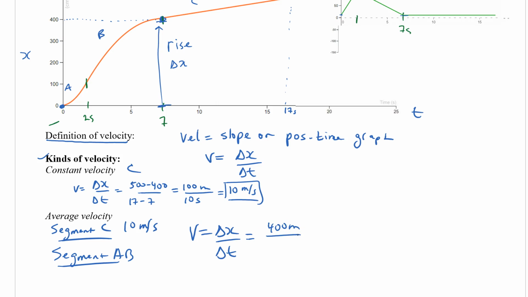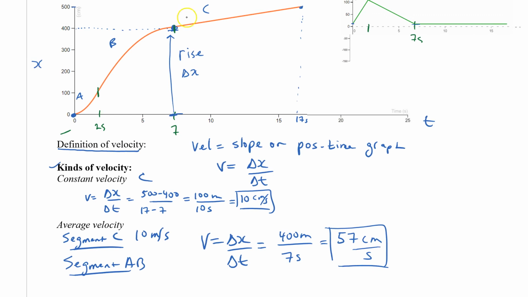And how much time went by? Well, from 0 to 7 seconds, so it would be 7 seconds. 400 divided by 7 doesn't work out perfectly, but it's pretty close to 57. Oh, you know what? I've been putting meters, but I think the scale on that software is actually centimeters per second. So I'm going to say centimeters per second. So 57 centimeters per second.